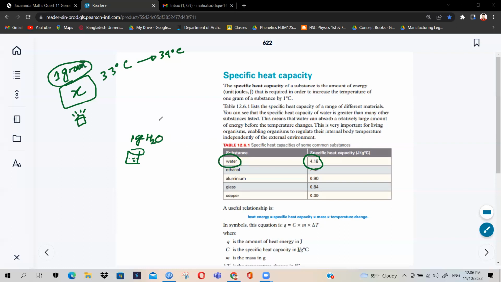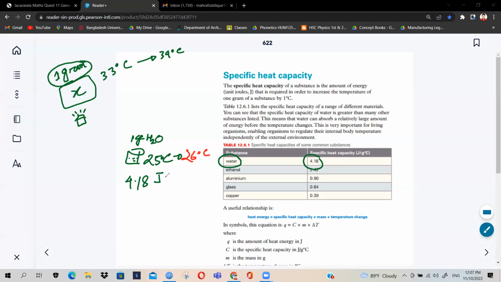Now, say its temperature is 25 degrees centigrade, and you are willing to increase it to 26 degrees centigrade. The amount of heat needed for that would be 4.18 joules. Understand my point? The amount of heat needed for that will be 4.18 joules.